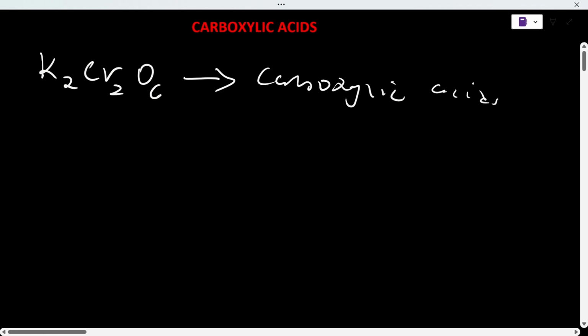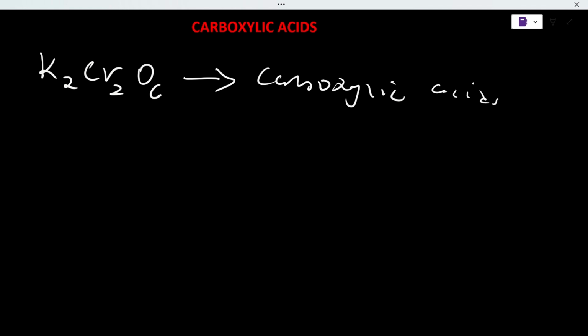To form a carboxylic acid, the only simple thing we need to do is to oxidize an alcohol. Meaning each and every type of carboxylic acid is obtained through oxidation of its constituent alcohol.